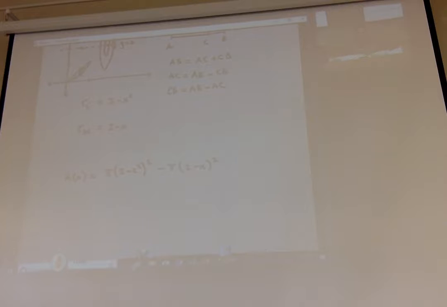Any questions about this? Area of the larger minus area of the small. The concept came from the areas: area of the larger minus area of the smaller, not radius of the larger minus radius of the smaller. First find the area and then subtract. That's what we talked about.